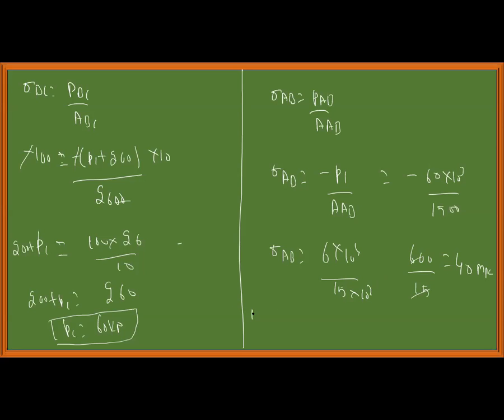Therefore, by taking P is equal to 60 kilonewton, the stresses in sigma AB is equal to 40 MPa and sigma BC, which we take as 100, is equal to 100 MPa, are within permissible limits, allowable limits.